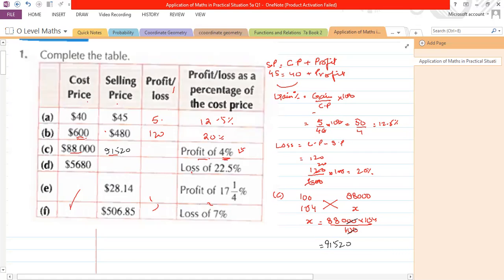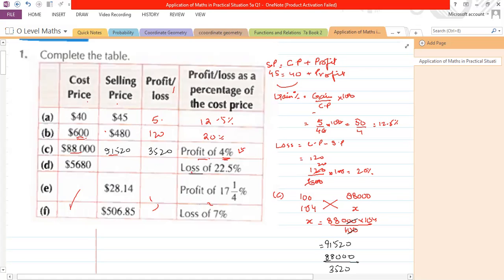And then of course for profit, you subtract 88,000 from this. So you just simply subtract it, and you're going to get 3,520.